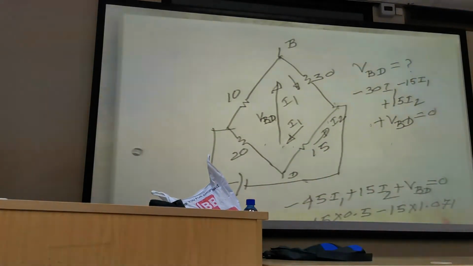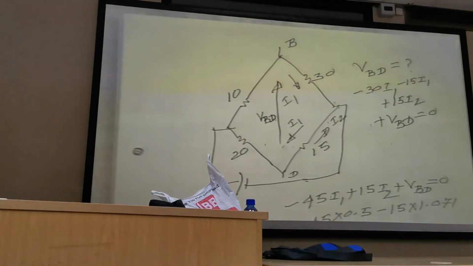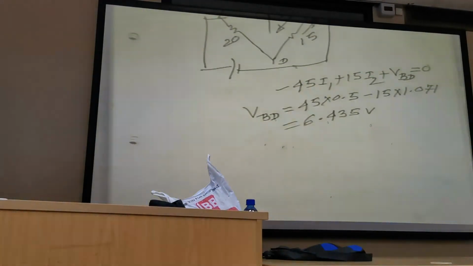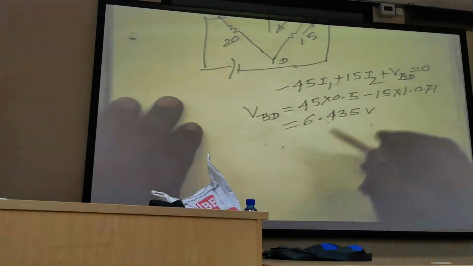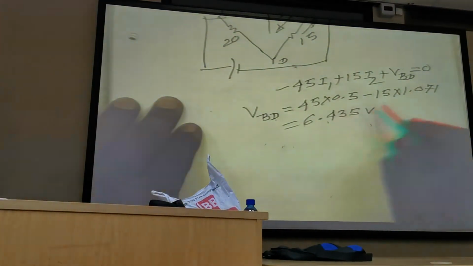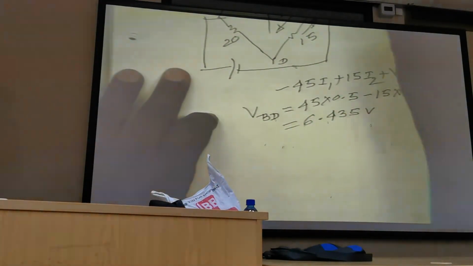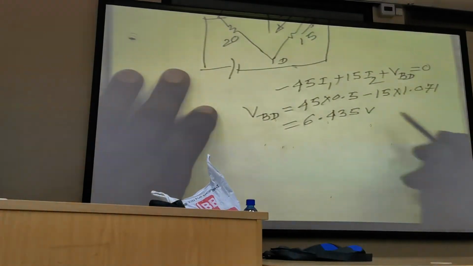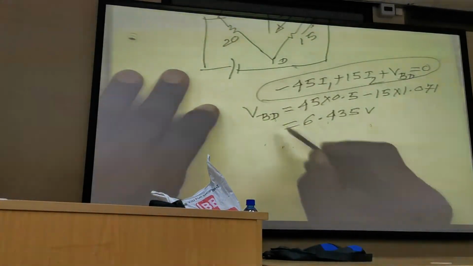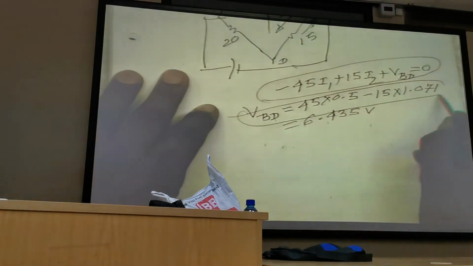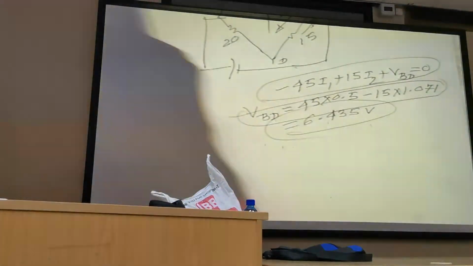Is it still positive? 6.435 volt. Right? I am not sure whether we did any calculation mistakes or not, but yeah, we got this one. So that was the one equation, and we get from there to there, and then we get this one. Okay, and this is the answer we are getting.